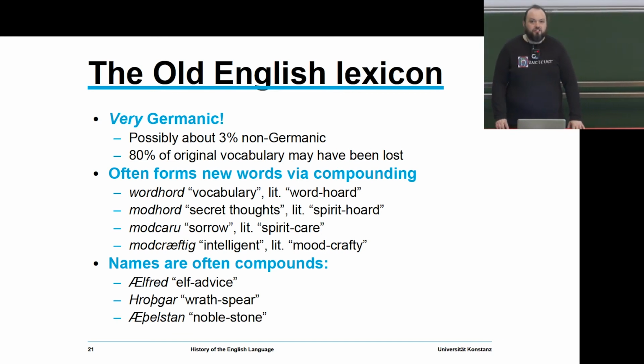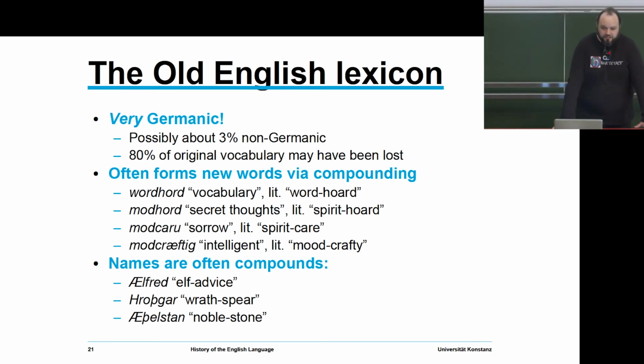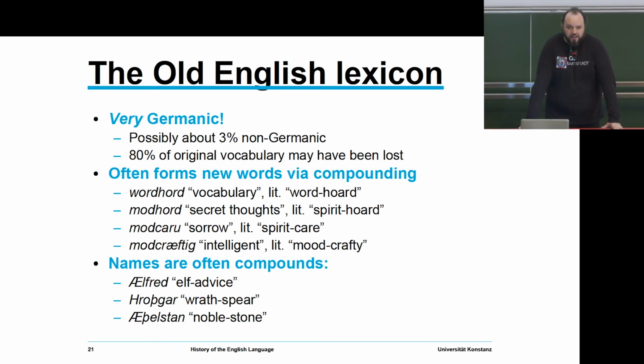The other thing that Old English does very frequently is to form brand new words by compounding two existing words together. This is probably the main way of forming new words in Old English. You compound. Compounding, if you remember your first-year course, is a morphological process of word formation. It's the word formation that happens when you take two free words and stick them together.